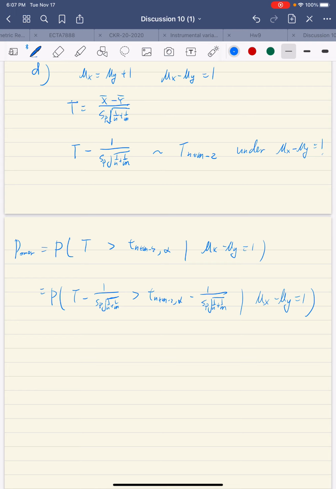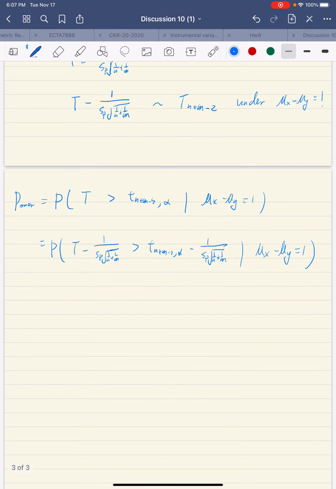And we know this follows the t distribution, so this is T with n plus n minus 2 degrees of freedom greater than this. The right-hand side is a long number, so we will be able to calculate the probability.